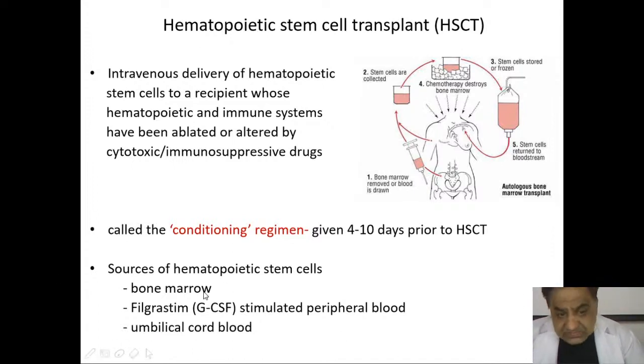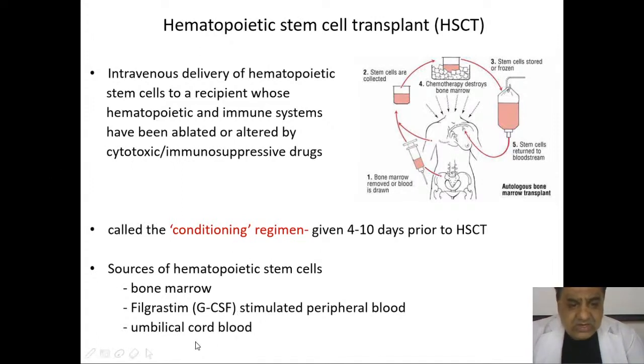If you're using purely the bone marrow, then it's called the bone marrow transplant. Actually, all of them are giving stem cells. That's why the generic term is hematopoietic stem cell transplantation. But since bone marrow is the most common source of these stem cells, it's almost equivalent to BMT, same as HSCT. But actually, the other two are not BMTs.